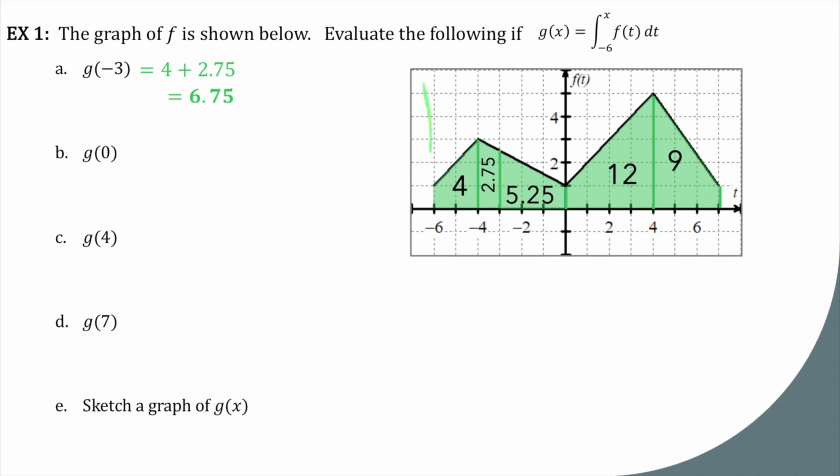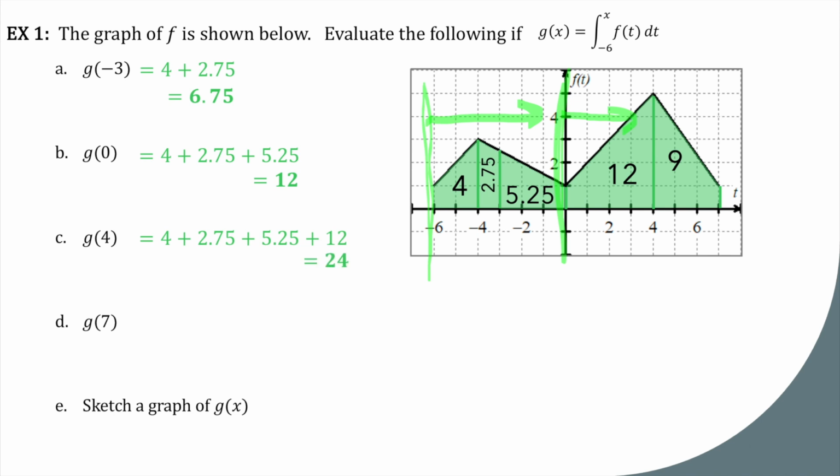So again, we're starting at -6, and we're going all the way to 0. So 4 plus 2.75 plus 5.25 is 12. If we want g of 4, we just got to keep going to 4. So we add 12 to that, and we get 24. And then if we want g of 7, we continue all the way, adding all the areas together, and we get 33.